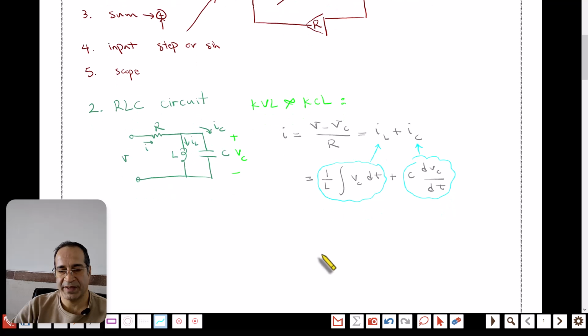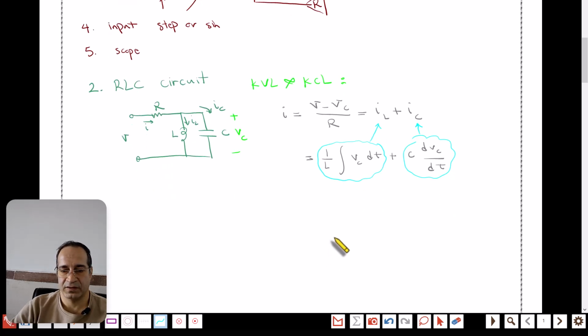So using MATLAB blocks, I can draw the block diagram for this circuit. I need to start from here.